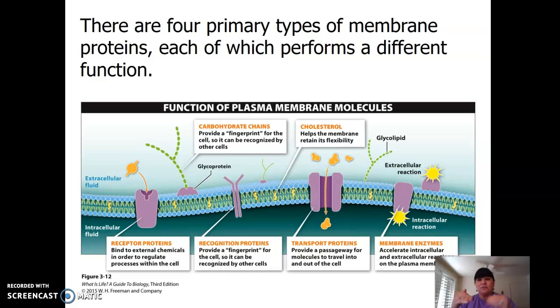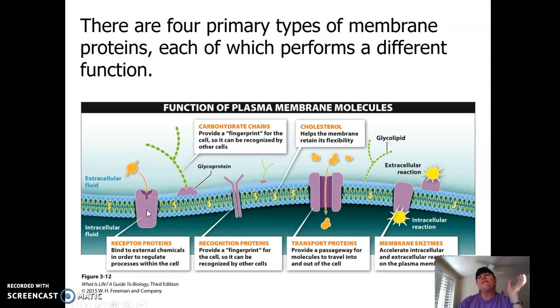Because the cells will recognize the other cells, and if they are foreign, the cells will protect themselves, right? That's why we have an immune system. Our immune system protects us from foreign invaders, so things coming in and attacking us. Now, how is the immune system going to know? Oh, these are our cells, don't attack. Oh, these are foreign cells, attack. Well, the recognition proteins are involved in that.